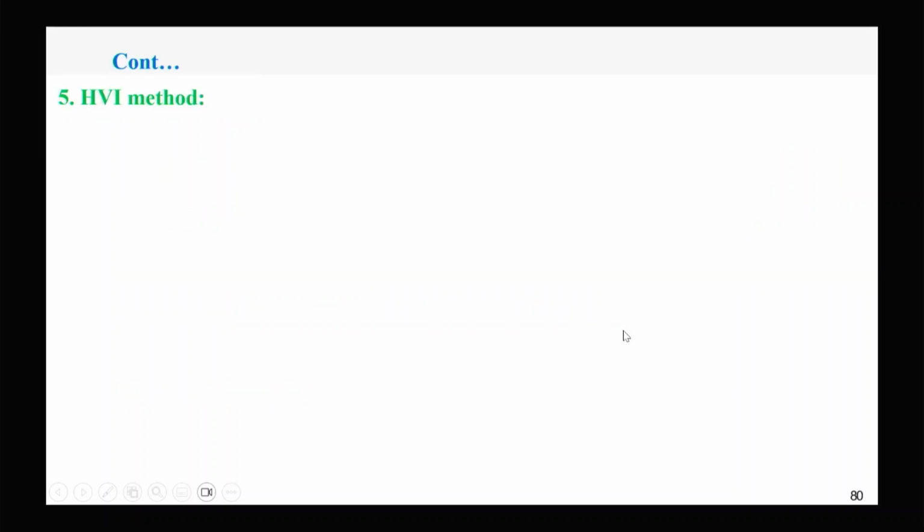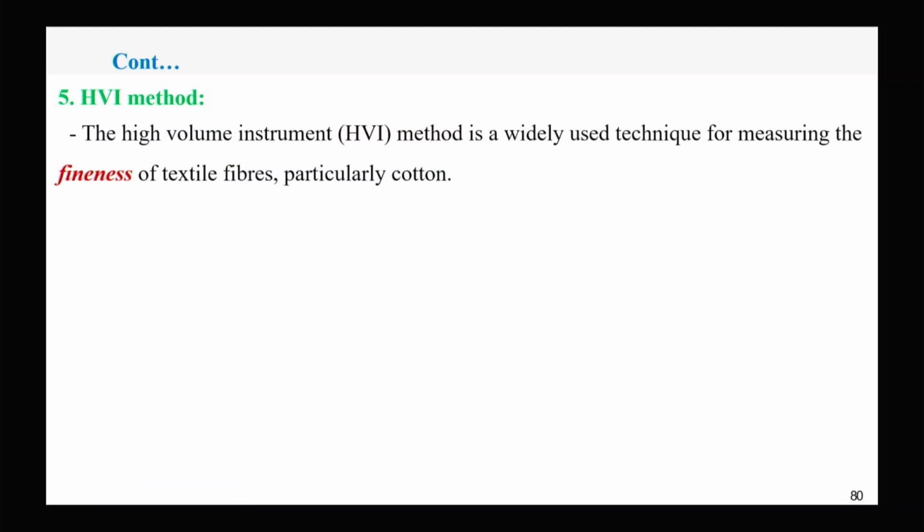Next is the high volume instrument method. There is no such module in HVI for measuring maturity, but fineness is an indicator of the maturity of cotton.